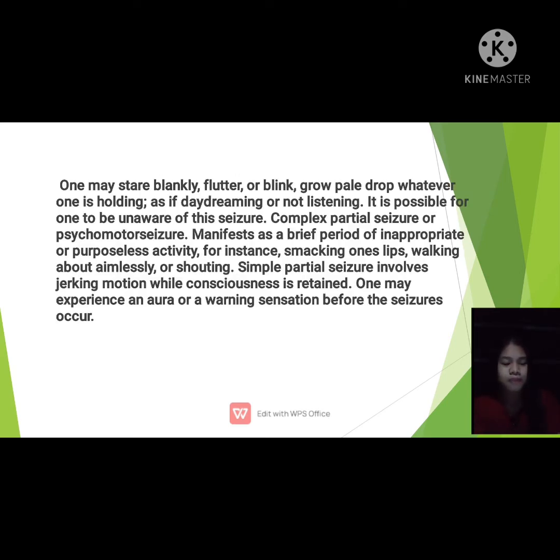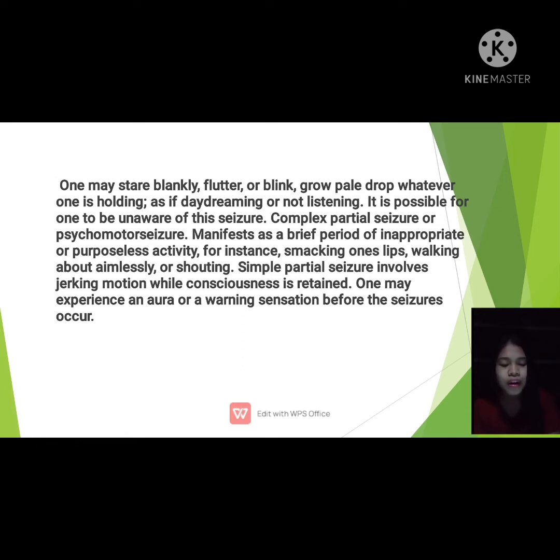Okay? One may stare blankly, flutter or blink, grope or drop whatever one is holding, as if daydreaming or not listening. It is possible for one to be unaware of the seizure.